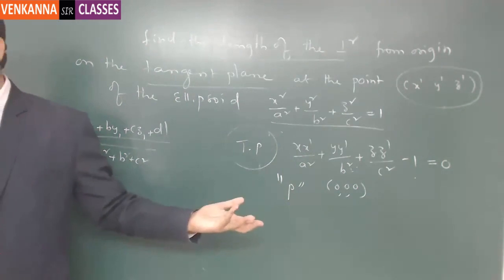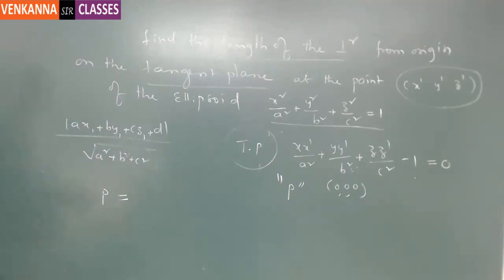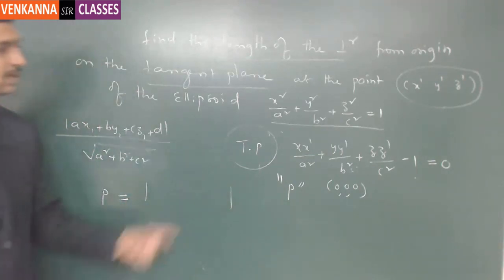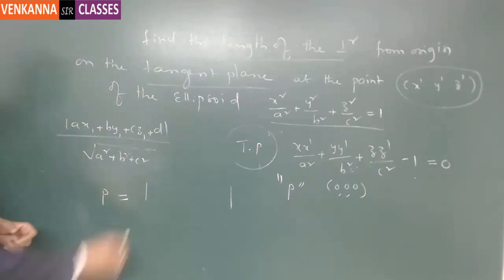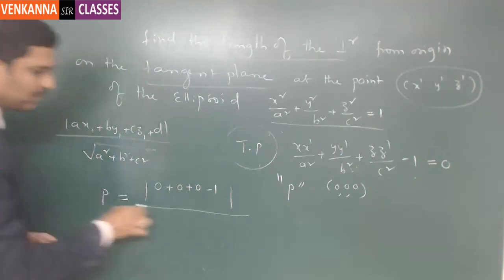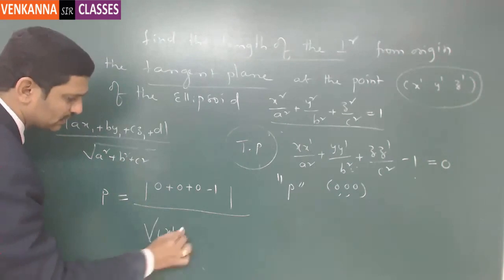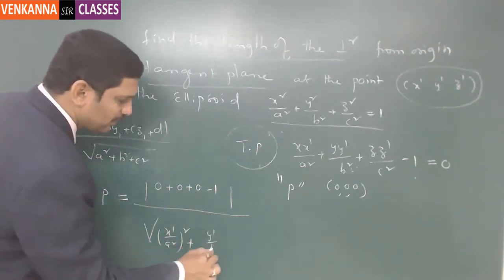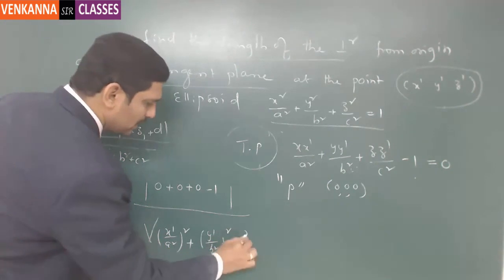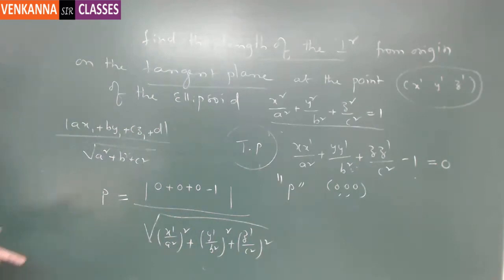Applying the formula, P is equal to modulus of, substituting the values here, 0 plus 0 plus 0 minus 1 by square root of x dash by a square whole square plus y dash by b square whole square plus z dash by c square whole square, where a, b, c, d are nothing but the coefficients in the plane you have taken.